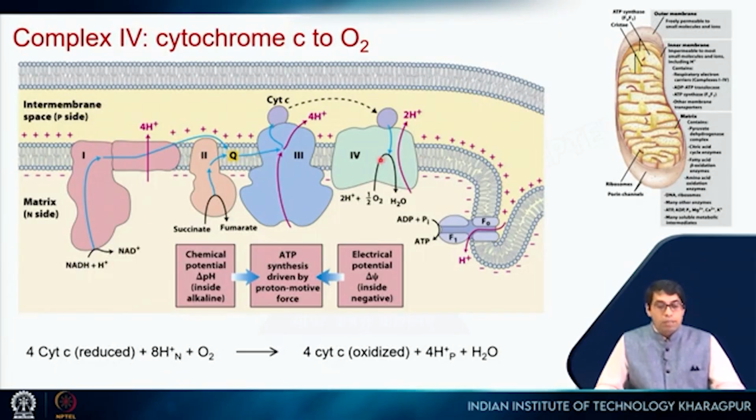Now let's look at the fourth complex, which is where electrons will be taken up from the cytochrome C and passed into oxygen, resulting in the formation of water, right?